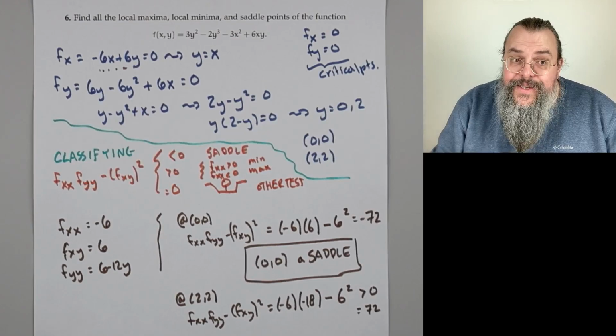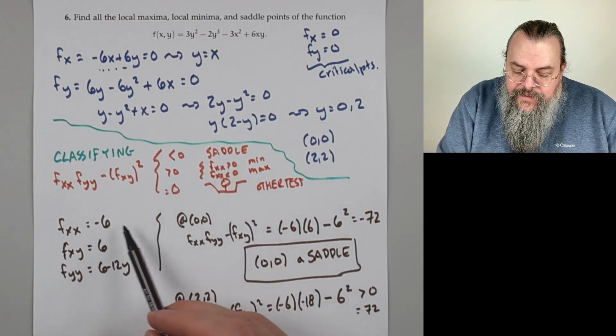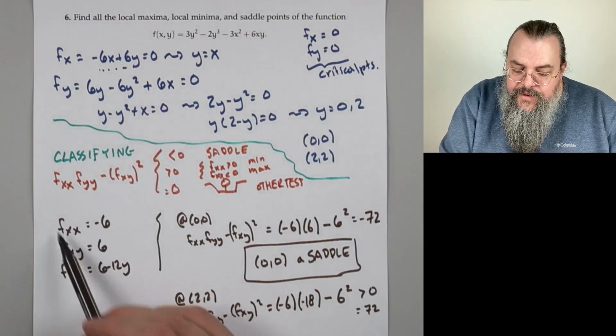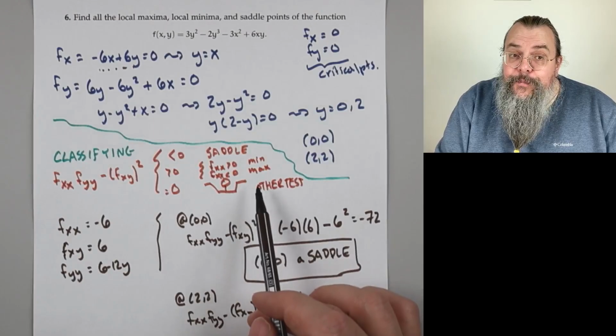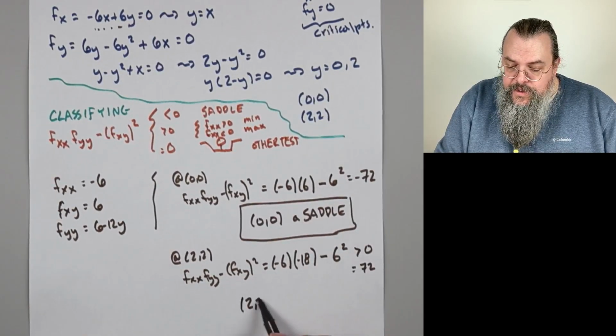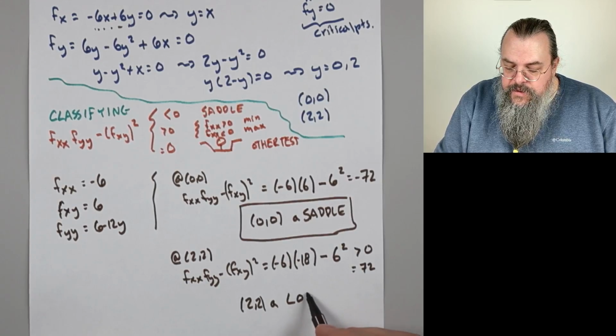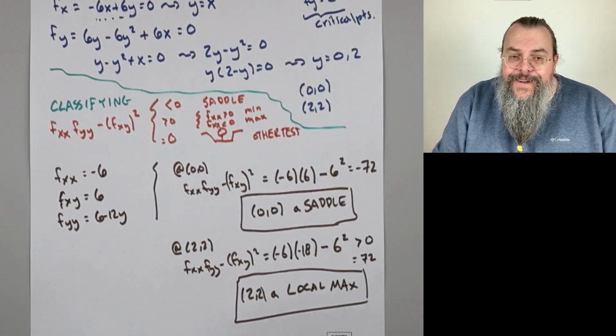We just need to know the sign. So it's positive, and so we look at the slices fxx and fyy. Since fxx is negative, we are at a max. So 2, 2 is a local max. And we're done.